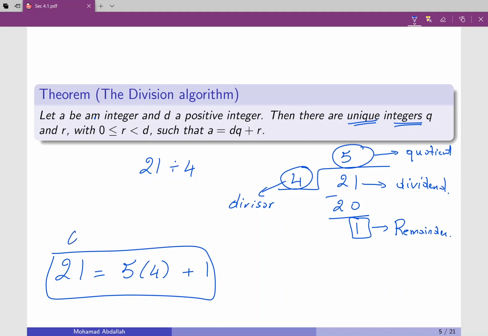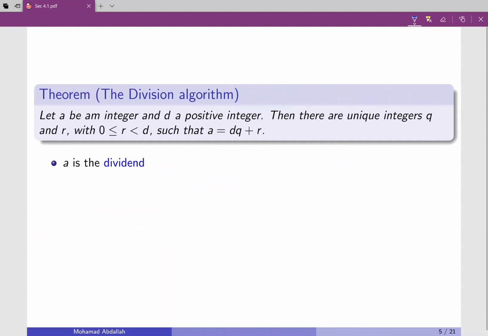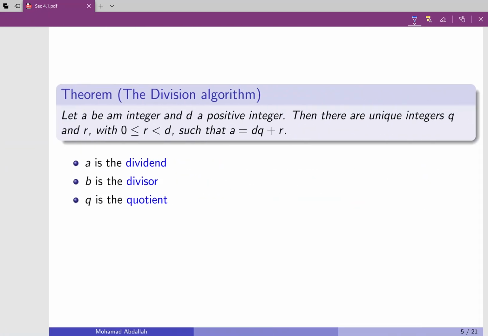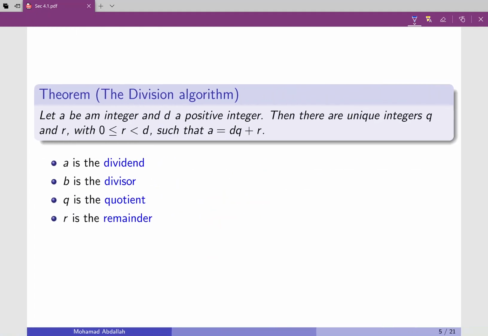As you can see here, a was 21, d was 4, the quotient was 5, so qd plus r, and r was 1, which is between 0 and 4. So as I said, a is called the dividend, d is called the divisor, q is called the quotient, and r is called the remainder.